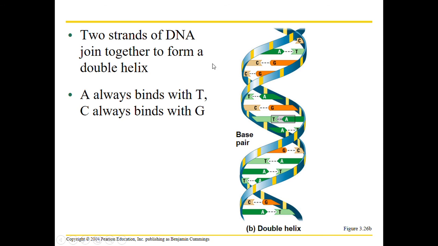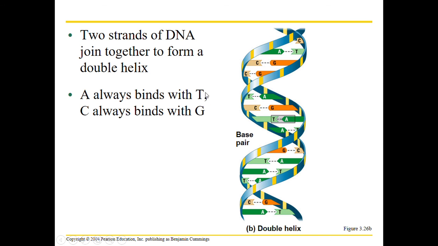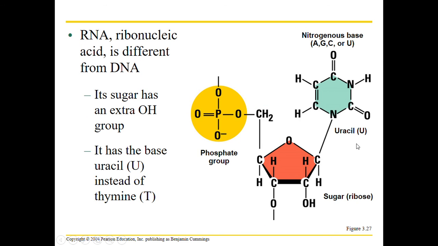And like I said earlier, A will always bind with T and C will always bind with G. And that's called complementary base pairing. So moving on to RNA. It's a little bit different from DNA. Its sugar has an extra OH group. And then instead of thymine, like we saw right here, the T, we actually have uracil, so U, and that will still be a pyrimidine.